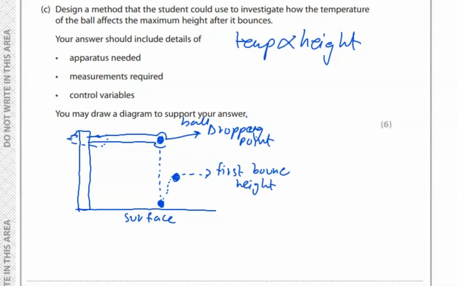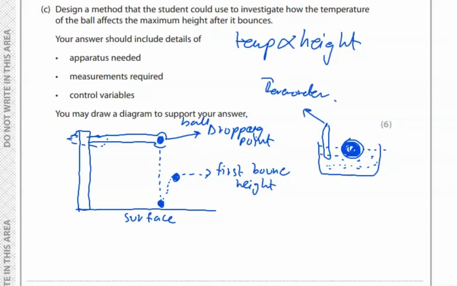This is my squash ball, and what other thing do I need here? I need to heat my ball. I need a water bath with water in it, and I need to make my ball heat here. I have to take a thermometer in order to measure the temperature, and I need a fire gauze.